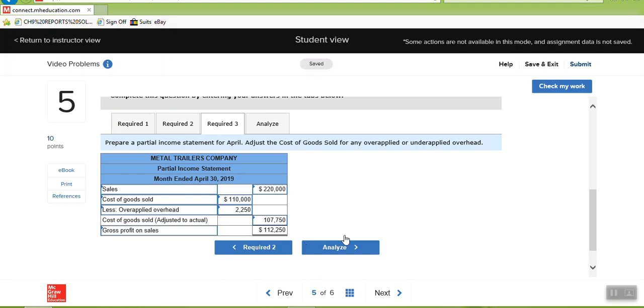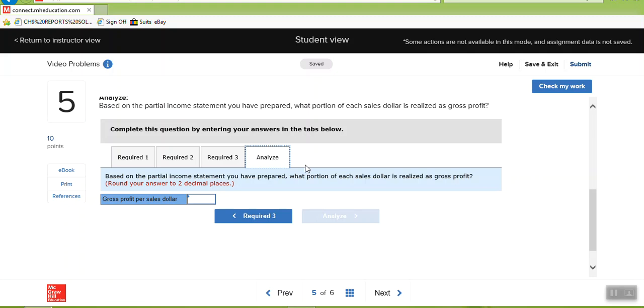All right, so they're basically asking for a percentage of gross profits over sales. In other words, what percentage of gross profits is it of sales? So just take your gross profit on sales, and mine is $112,250. Divide it by your gross sales, and mine's $220,000, and that should give you how many pennies on the dollar.